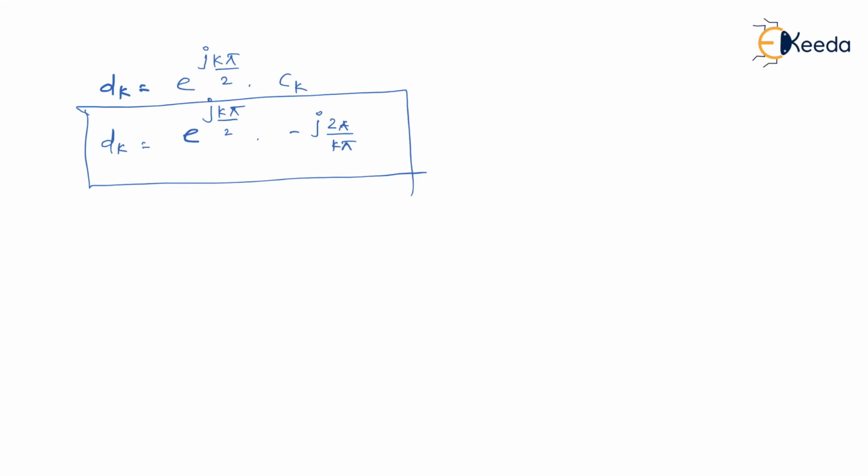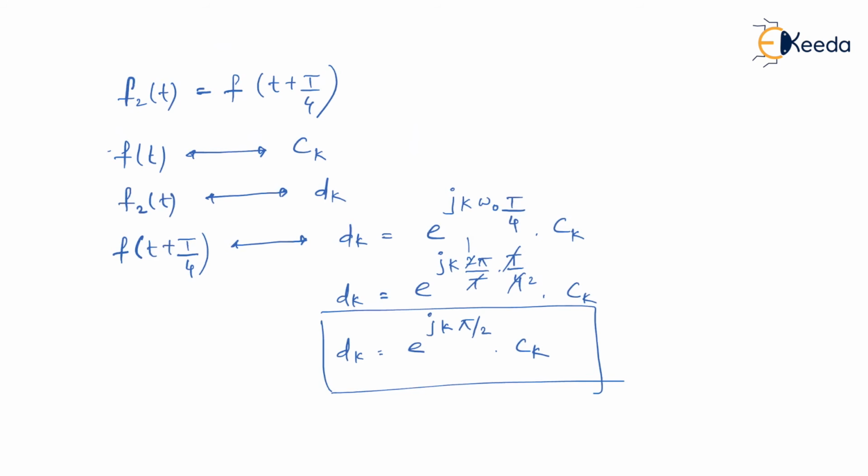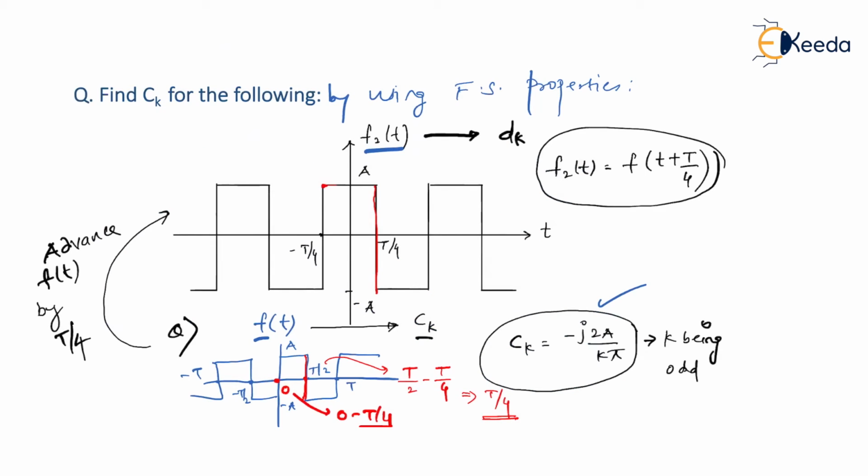Now, by using our knowledge, let us check whether we are correct or not. What do I mean? If you look at the question carefully, the given signal whose ck we need to calculate is an even signal in nature. This f2 of t is an even signal.